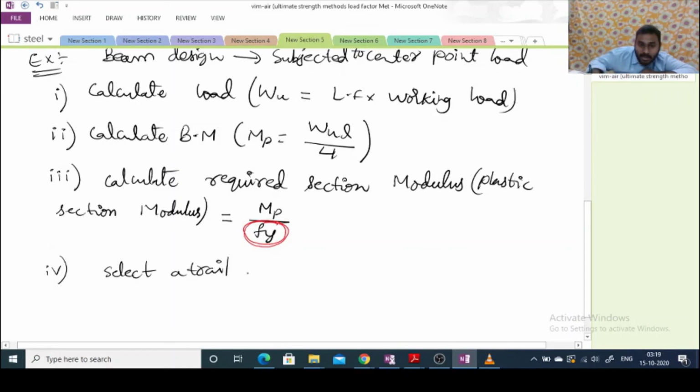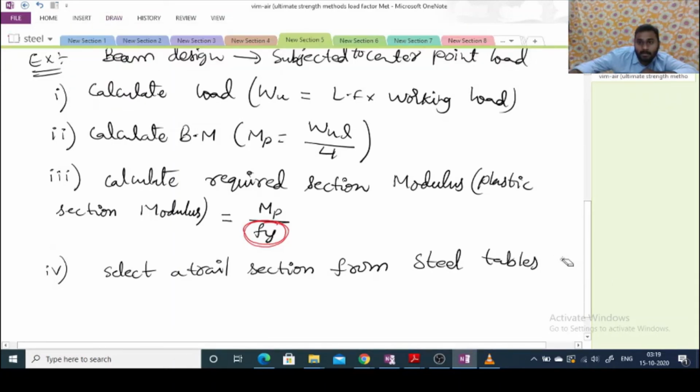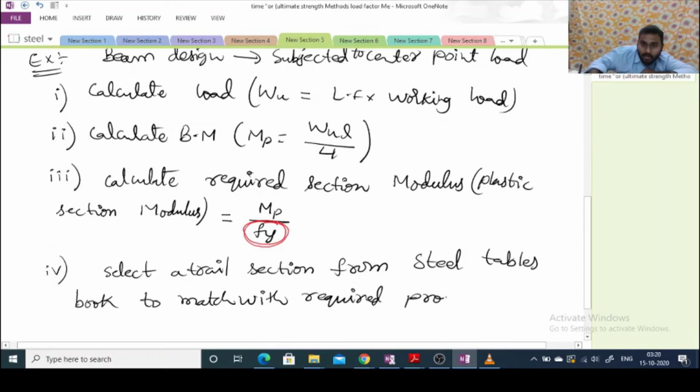Select a trial section from the steel tables book to match the required properties. Is that okay? So this is how to design a beam based on the plastic method.